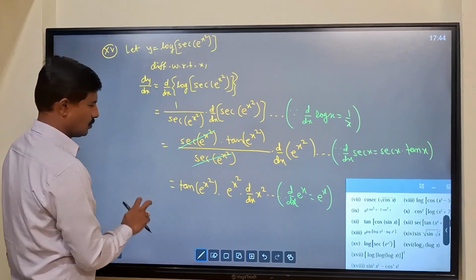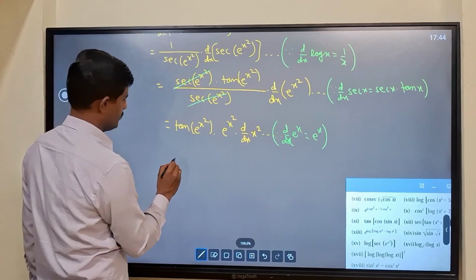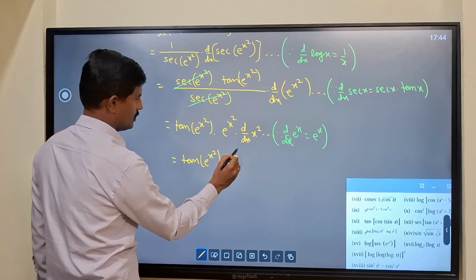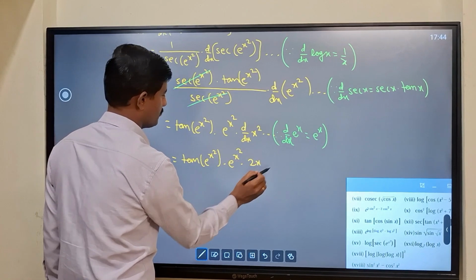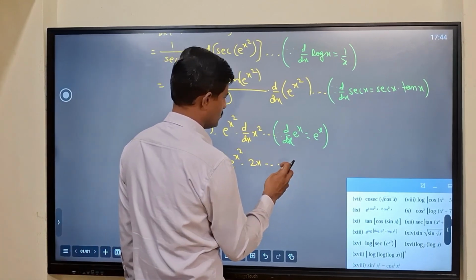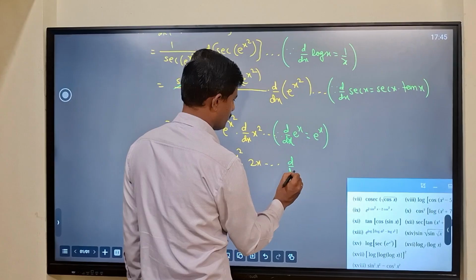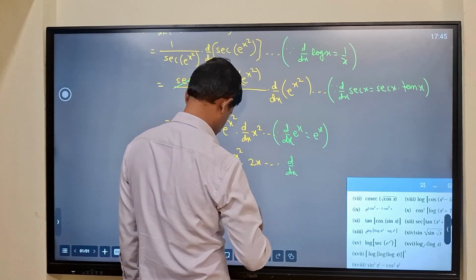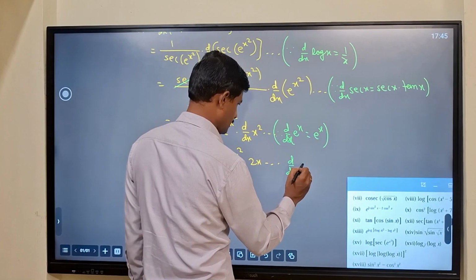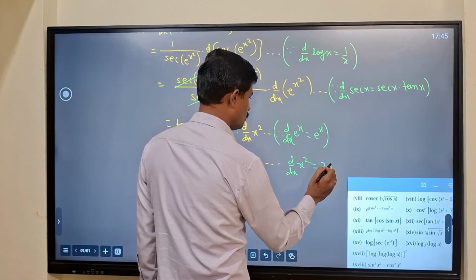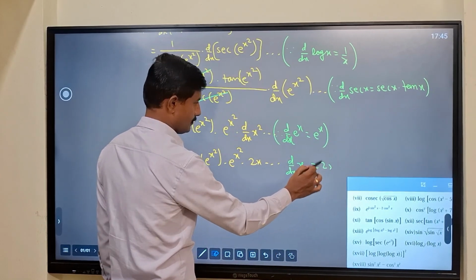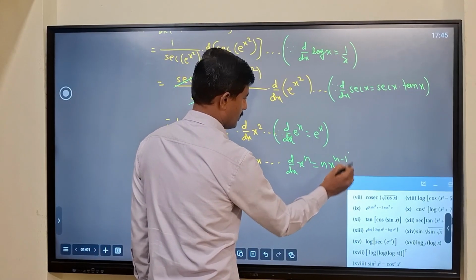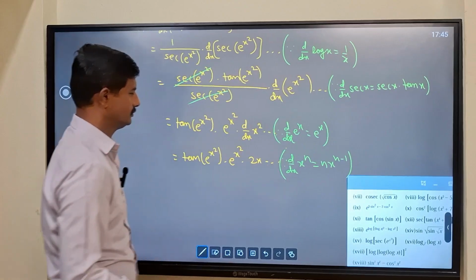Now tan of e raised to x square into e raised to x square into differentiation of x square, which is 2x, because d dx of x raised to n is n x raised to n minus 1.